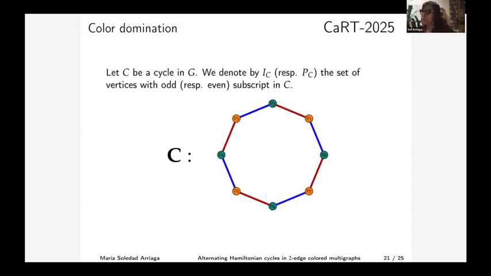Now more definitions. Let C be a cycle in G. We denote by IC the set of vertices with odd subscript, and similarly by PC, P sub C, the set of vertices with even subscript.